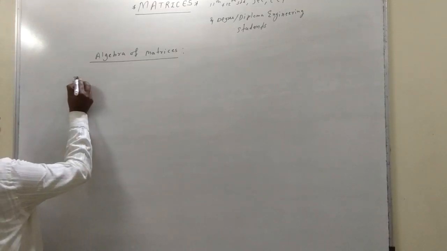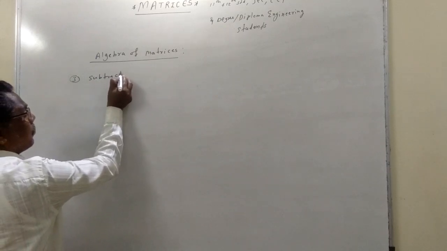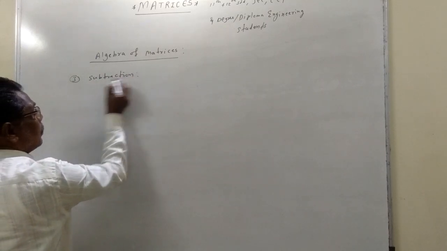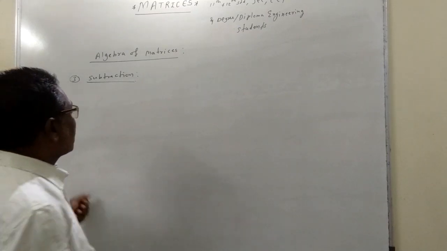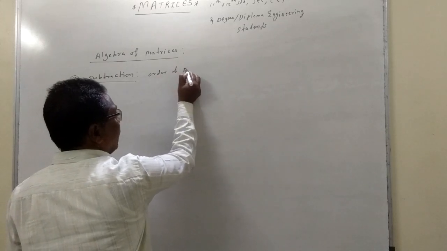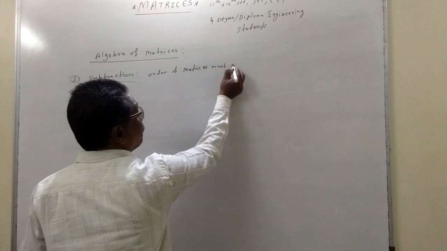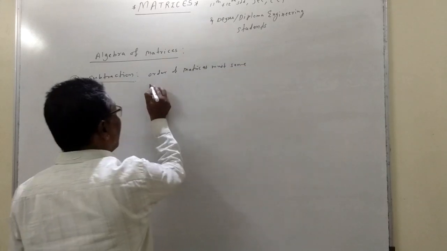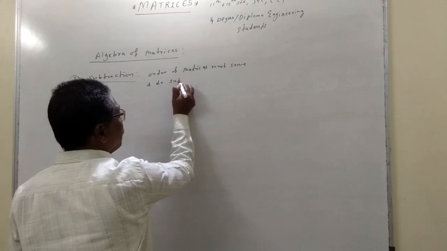Third operation, subtraction. Similar to addition, for subtraction also the order of the matrices must be the same, and you subtract the corresponding elements.